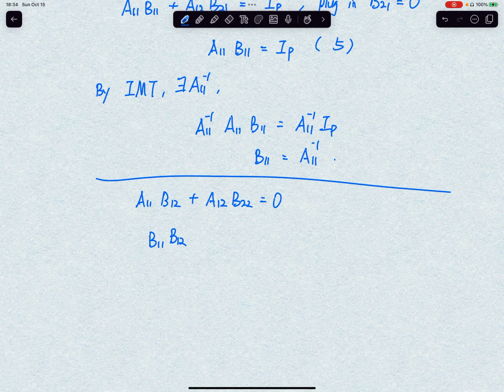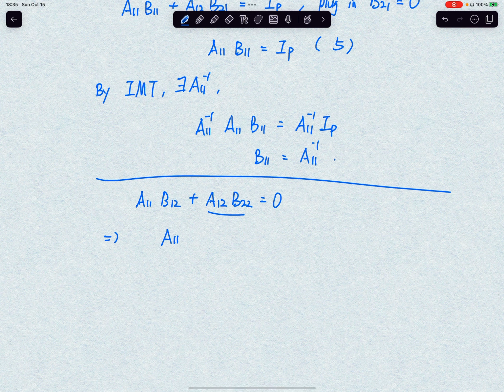Oh, sorry. So A11 B12 plus A12 B22. Since B11 equals A11 inverse, let us just move this multiplication to the right hand side.